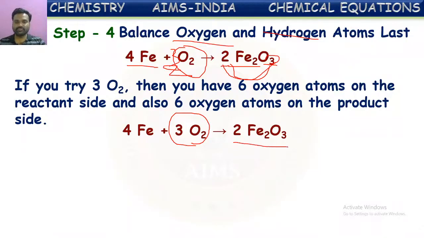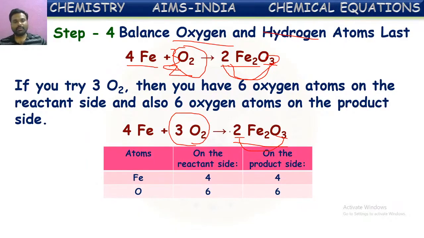And here also, on the product side, what is the number of oxygen atoms? In each molecule there are 3 oxygen atoms. If you multiply that with the coefficient 2, we get the total number of oxygen atoms on the product side. In total it is 6.